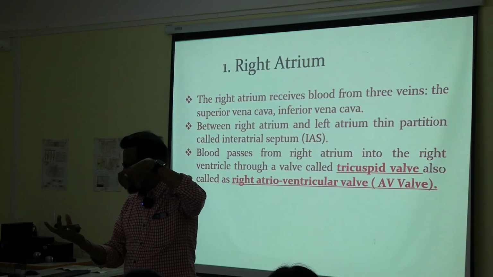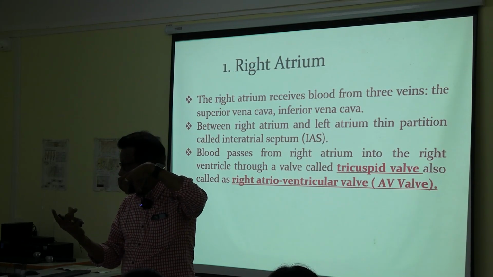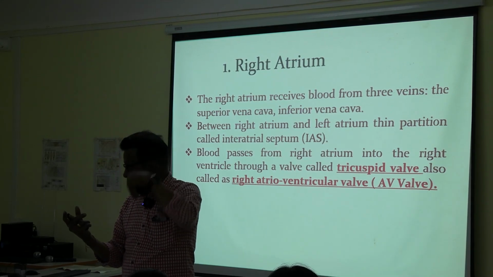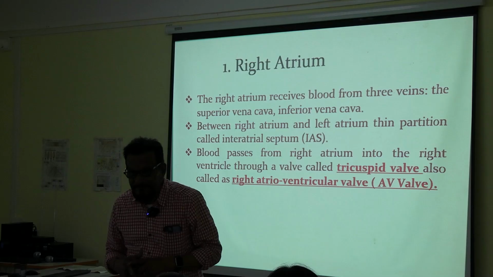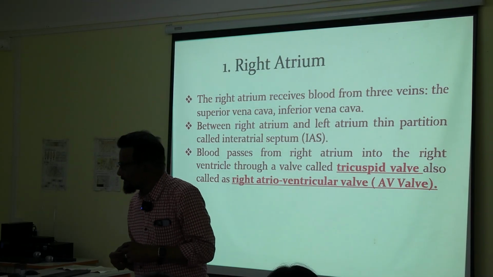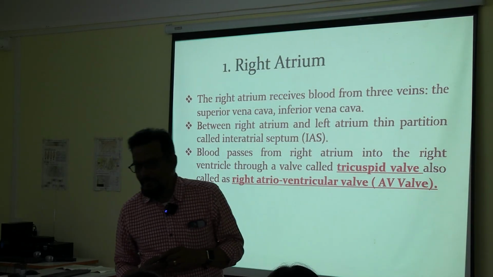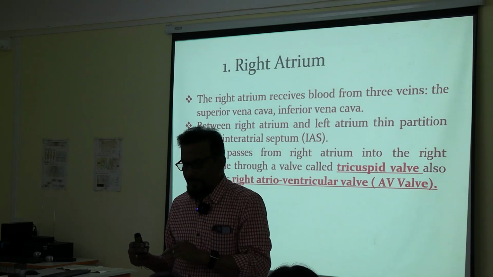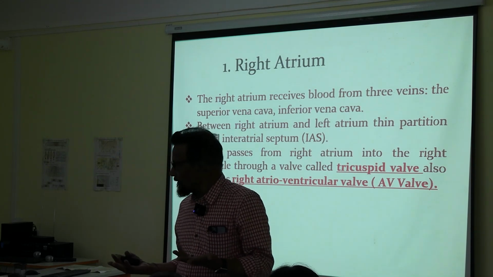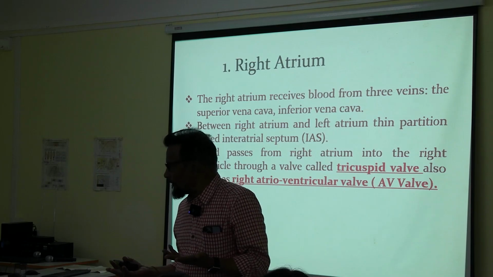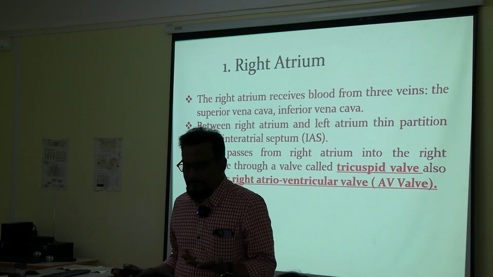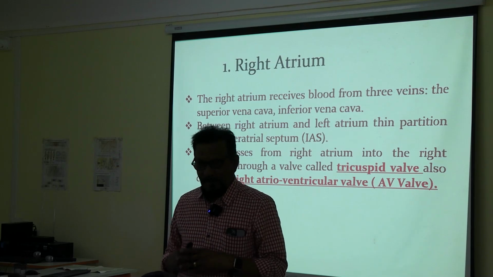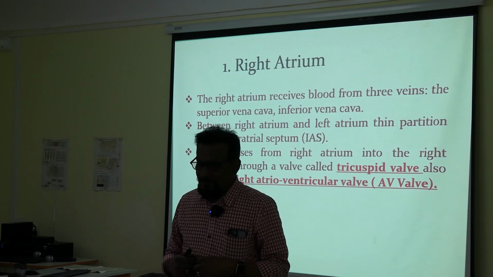In the left atrium also there is a valve. These are outgoing valves, from atrium to ventricle. Since they are present between atrium and ventricle, they are called atrioventricular valves. AV valves have other names.